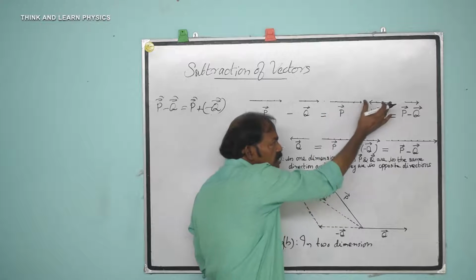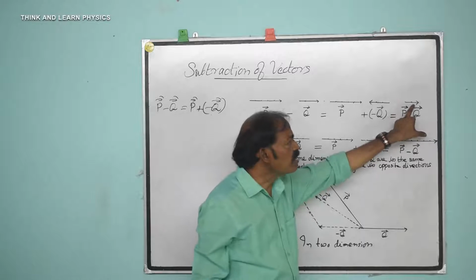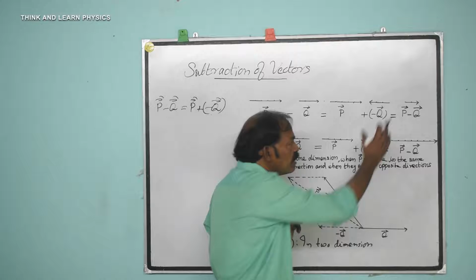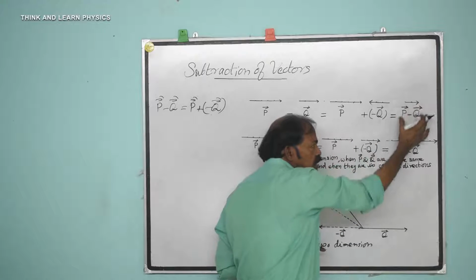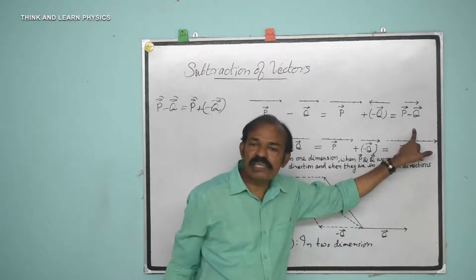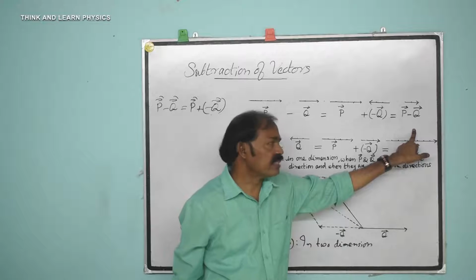This is towards right and this is towards left. So when they are added, we get the resultant having a magnitude of 2 units in the direction of the greater vector, p vector. That is, this is p vector minus q vector when the two vectors p vector and q vector are acting in the same direction along a straight line.